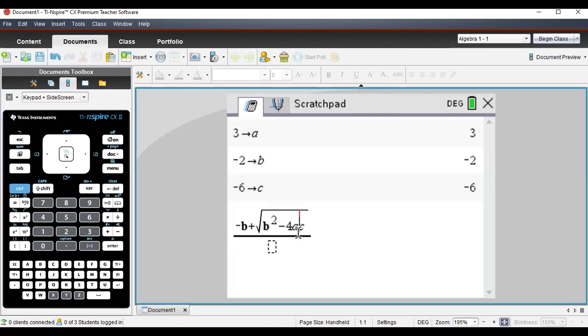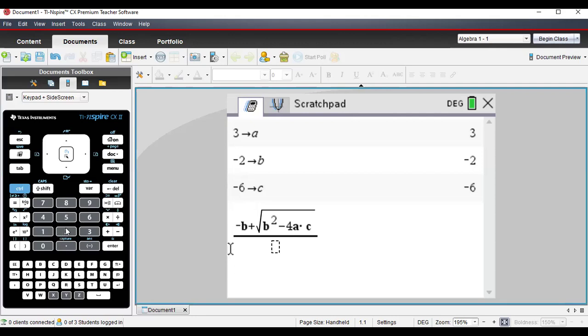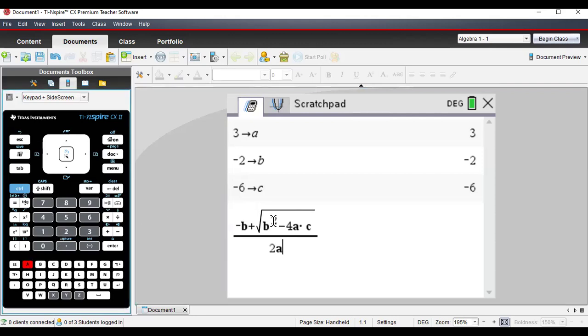That's not what we're trying to do. We're actually doing multiplication. So you've got to put the explicit multiplication sign between the A and the C. And notice they both immediately became bolded. And then down here, to complete the formula, you're just going to put 2A. Now, once you've done this, press enter.